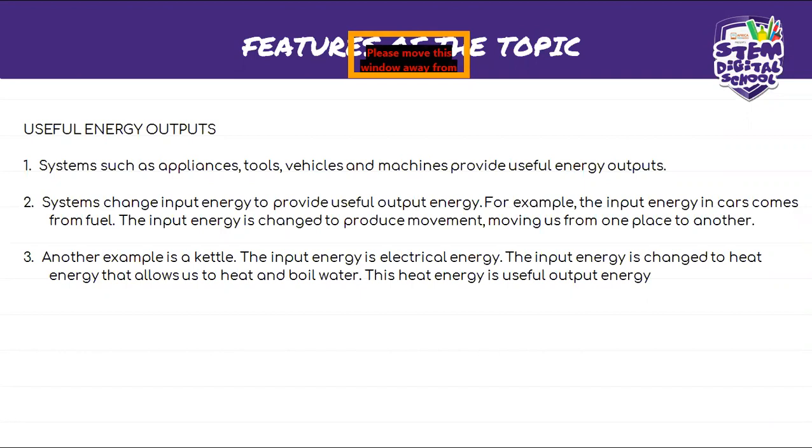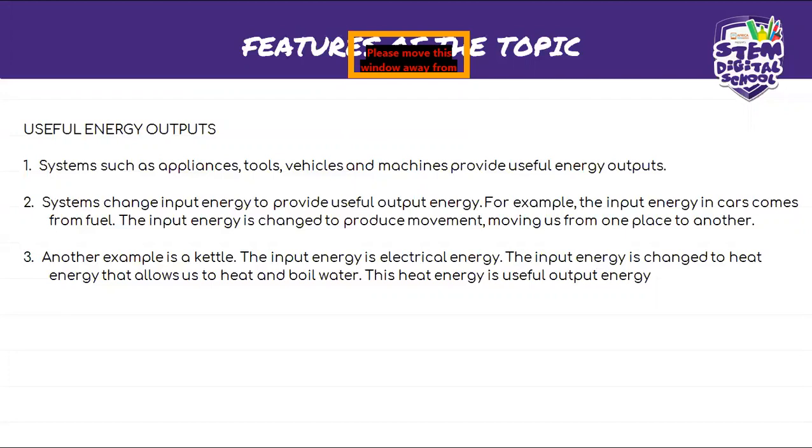When we talk of energy systems, one of them can give us useful energy, which is energy that is of good use to us. Useful energy output means we put energy into an object, and what comes out is the energy output. The energy output can be useful, and it can be wasteful.